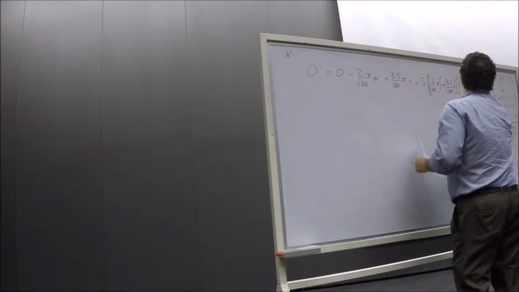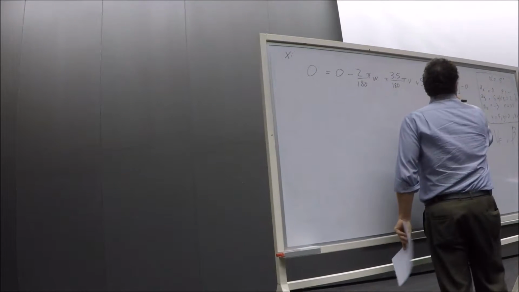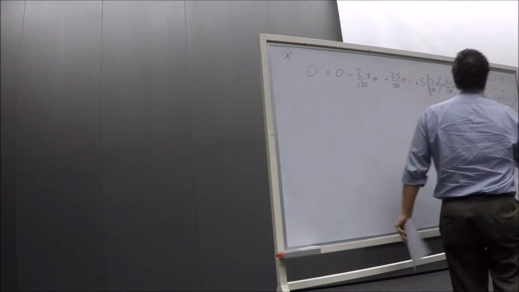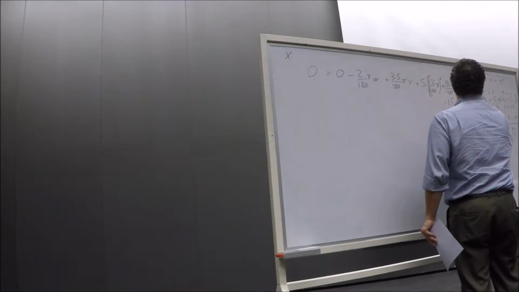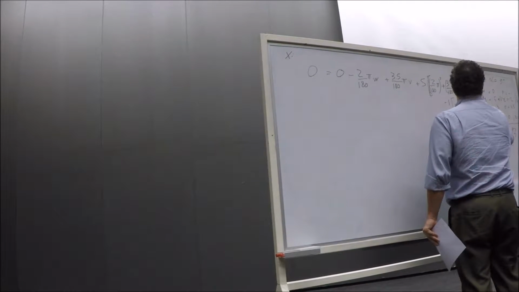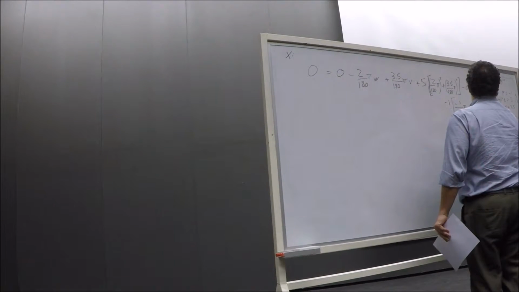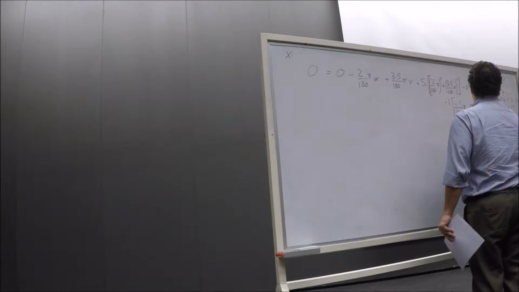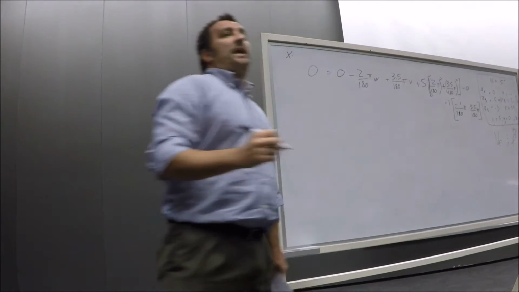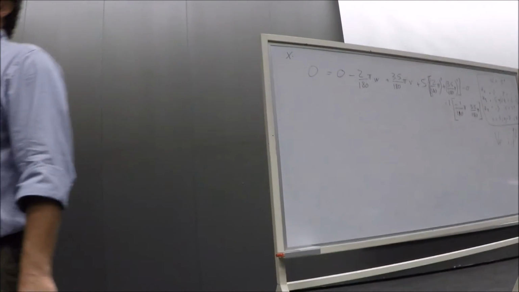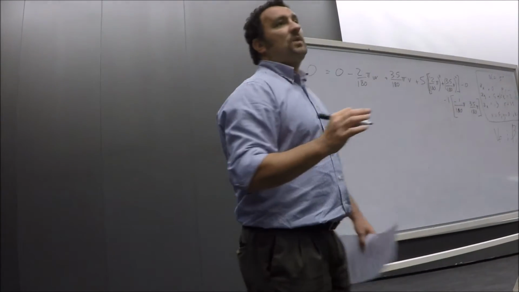And then we have minus z, which is 1, multiplied by p and r. So p is equal to minus 1, and r is equal to 3.5. Okay, so this is the first equation. I've simply substituted the numbers given in the question into the kinematic equation for x.